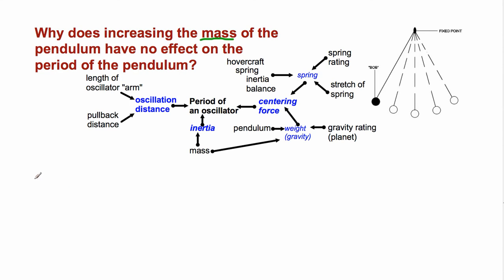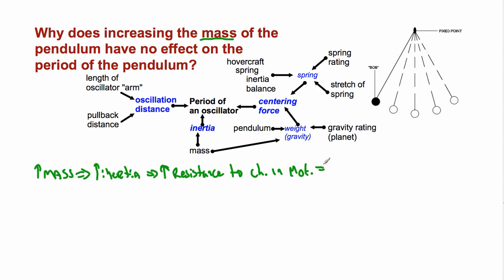So, an increase in mass should cause an increase in the amount of inertia. The increase in the amount of inertia is the same as an increase in the resistance to changes in motion.